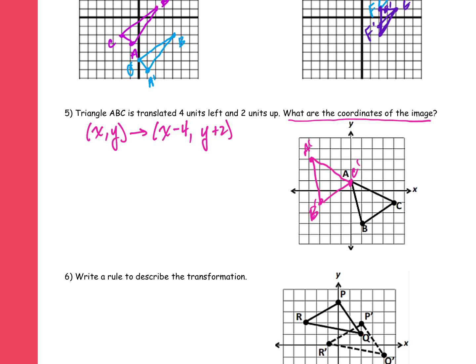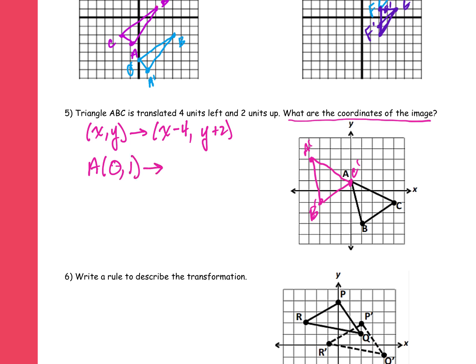It says, what are the coordinates of the image? So A prime is, well, we're going to write it out the right way so you guys get used to writing it. So I'm going to say A, where's A located at? A is located at 0, 1.